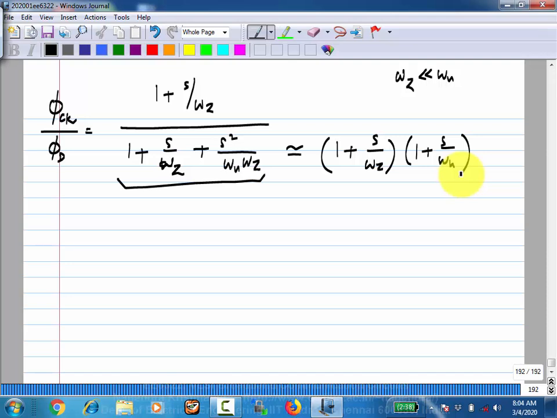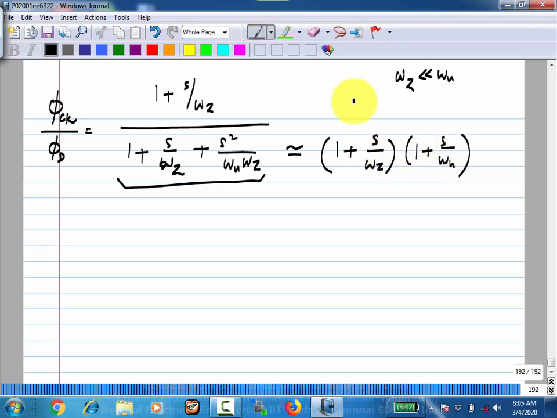But I have to say that, obviously, when you expand it out, the s square term is exact using this approximation, but the s term will be 1 by omega z plus 1 by omega u, whereas it should have been only 1 by omega z. So obviously if omega u is much larger than omega z, it's a good enough approximation.